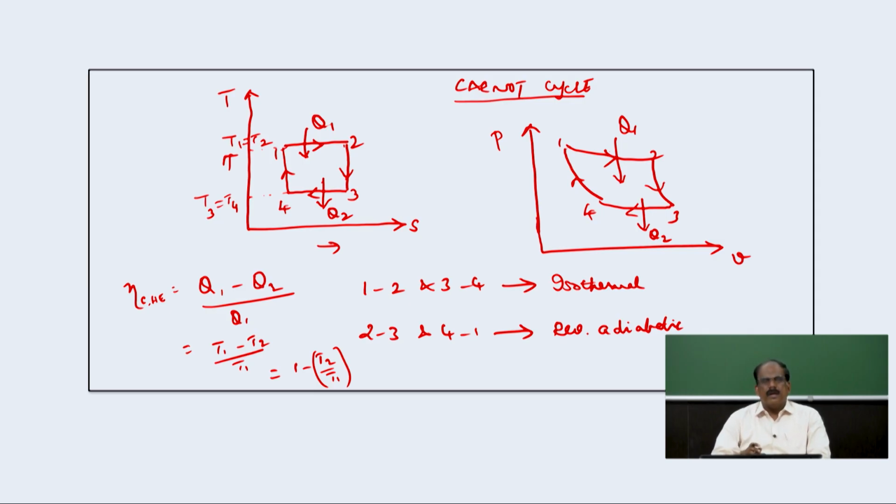So it is not possible to operate a heat engine with a single reservoir. It violates the second law of thermodynamics, the Kelvin-Planck statement. For an engine to operate, there should be two reservoirs: one is called the source, the other is called the sink.